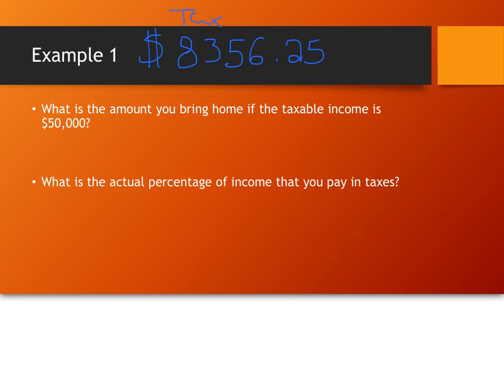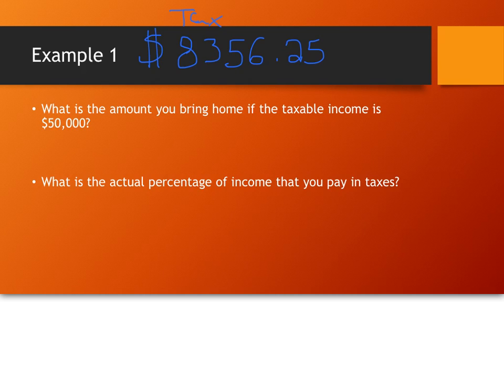So we can ask some follow-up questions based on that, okay? So if you had a taxable income of $50,000, we just calculated that about $8,000 of that you're going to have to pay to the government. So what's the amount you're going to bring home? Again, we're going to assume that you bring home the entire remainder.